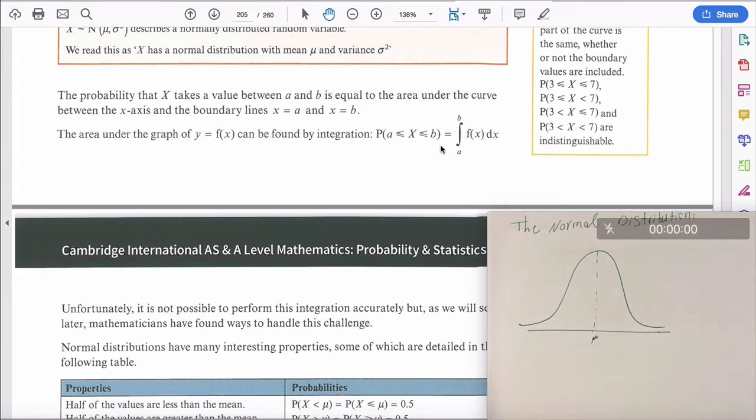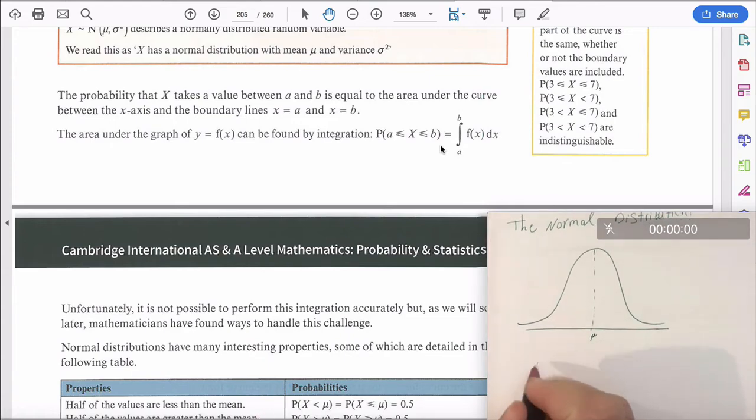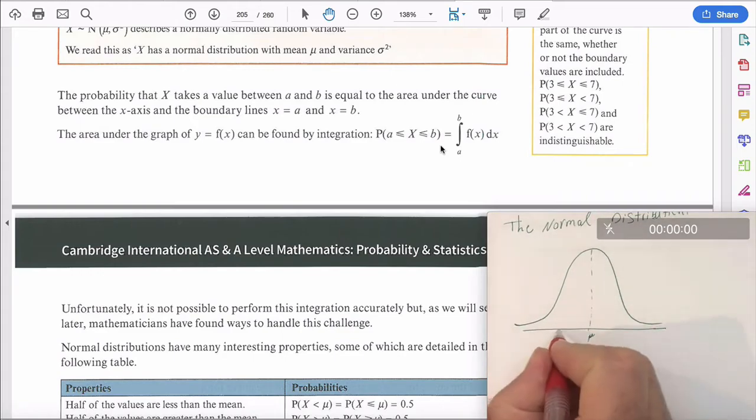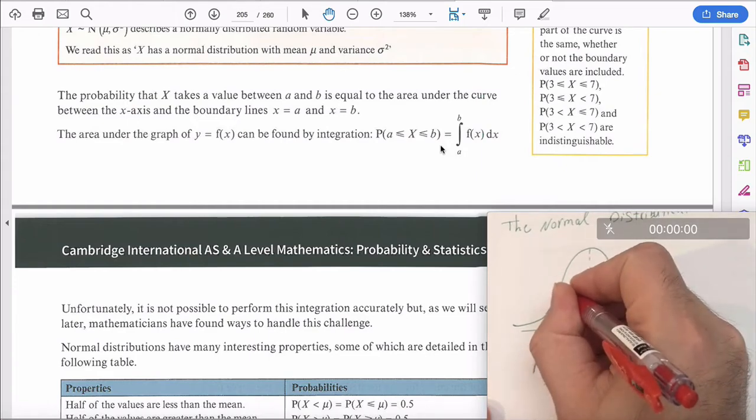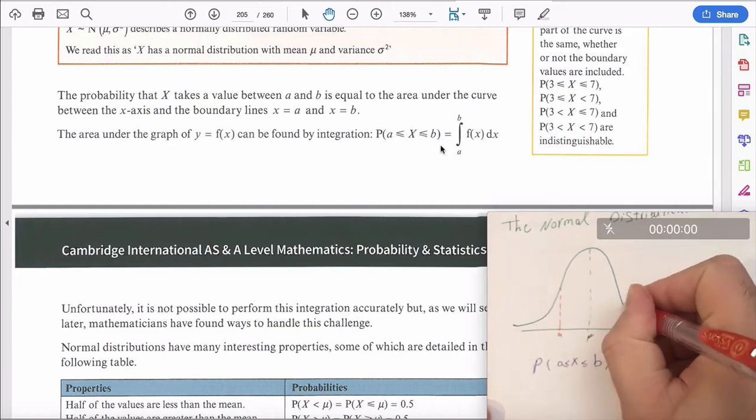Now, I'm going to find the probability of x being between a and b. Let a be somewhere here and b somewhere here. So it is a, it is b.